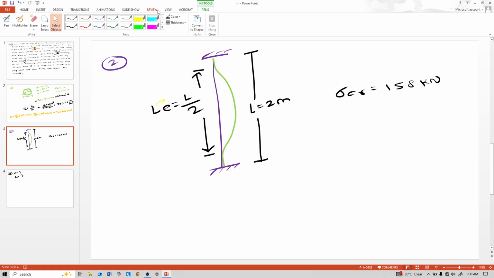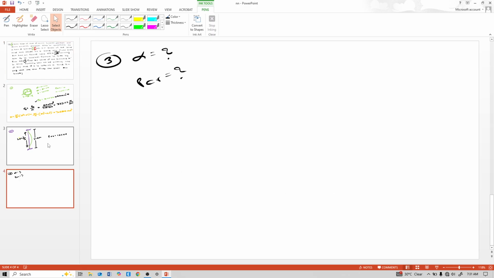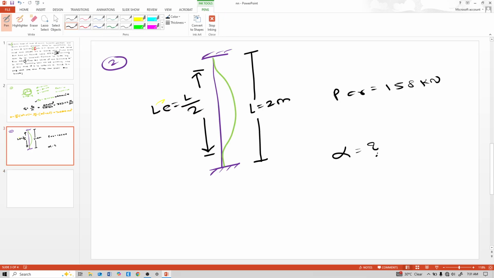This is load, PCR. See this 158. Load at which failed. Load at failure was 158 kilonewtons. So this is load P. And find the value of the constant alpha in the same formula. So that means they are telling us to find alpha for that same state.